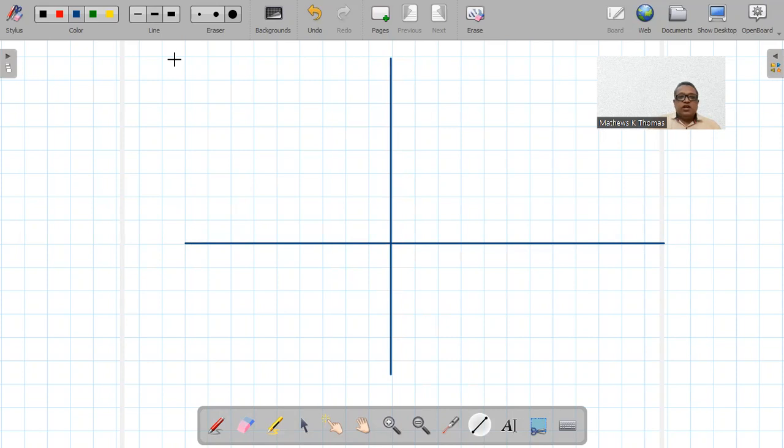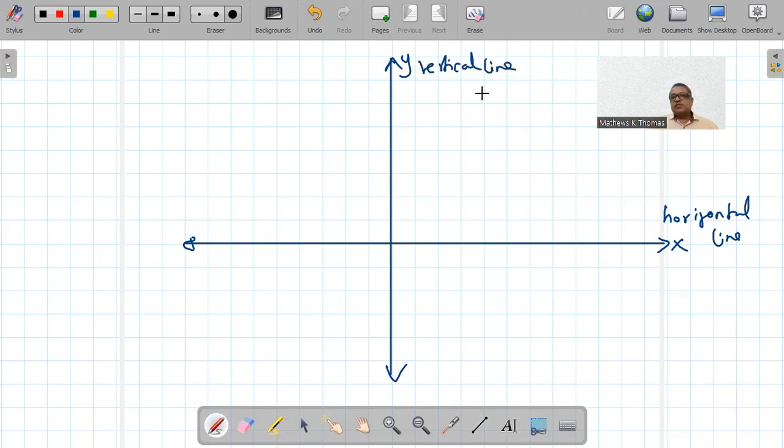Here the plane gets divided into 4 parts, right? So this is my x-axis and this is my y-axis. The horizontal line is the x-axis and the vertical line is the y-axis.